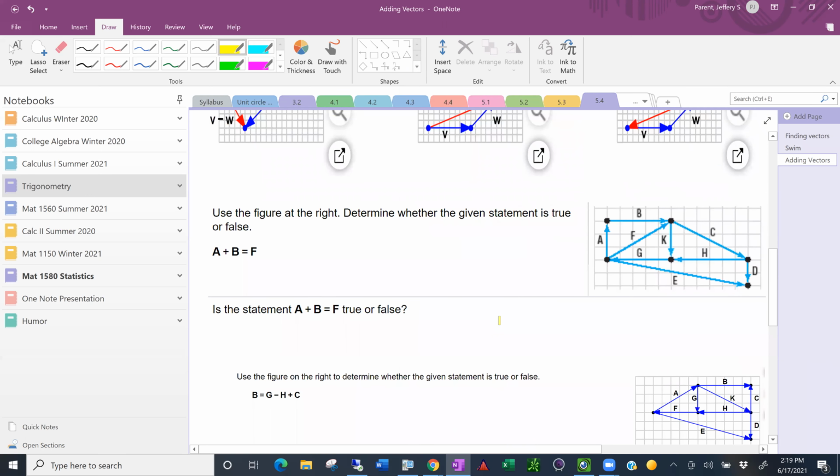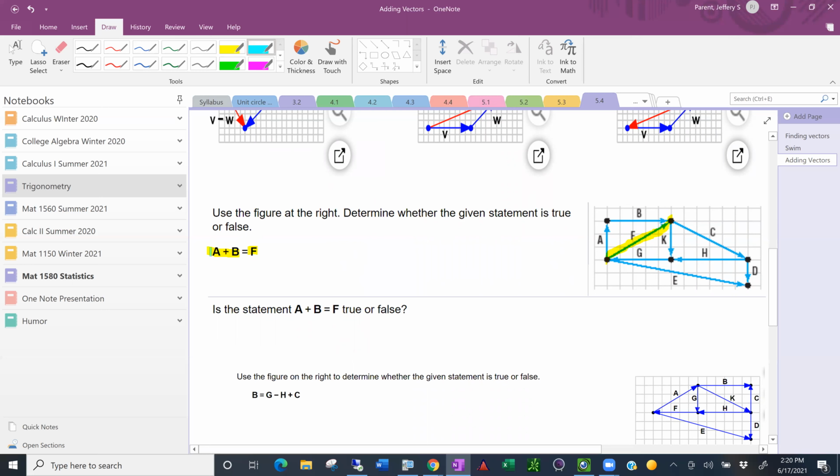Now, a lot of your examples in the book are going to look kind of like these. So let's do a couple of these. They're going to ask you, is A plus B equivalent to vector F? Let's see if we can answer that. So vector F takes you from this point to this point.